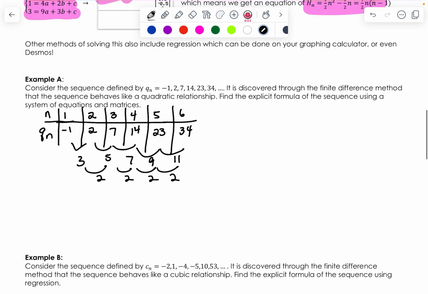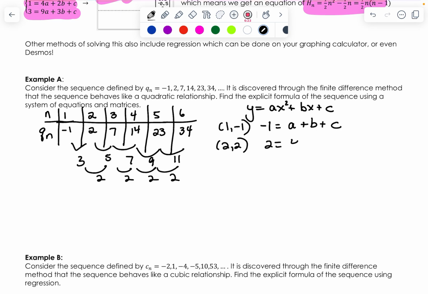So then what you're going to do is we're going to use y equals ax squared plus bx plus c, and we're going to take the first point. So that means I plug in y is -1, then this is a plus b plus c. If I plug in 2, 2, that's 4a plus 2b plus 1c. 3, 7 is going to be 7 is 9a plus 3b plus c.